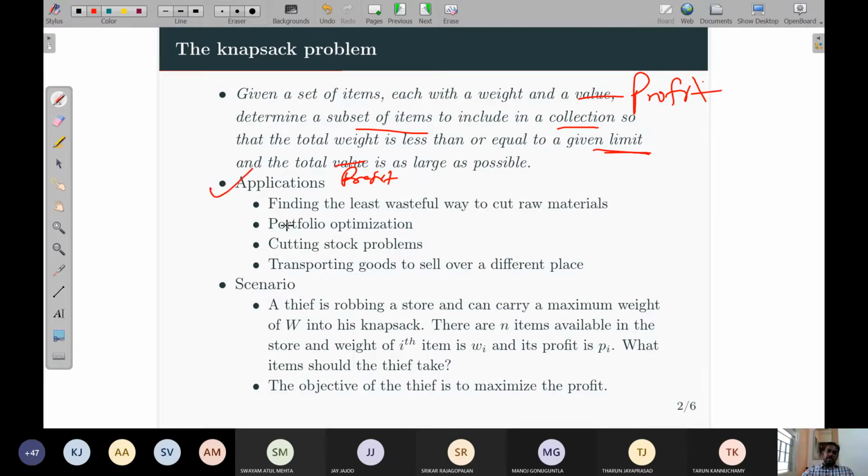What are the applications? Several applications are there. Finding the least wasteful way to cut raw materials. In factories, when raw materials are cut, how to make the cut so that the wastage is minimized. For that, the knapsack problem is applied. Portfolio optimization. If you are familiar with the stock markets, everyone will have a portfolio with different sectors.